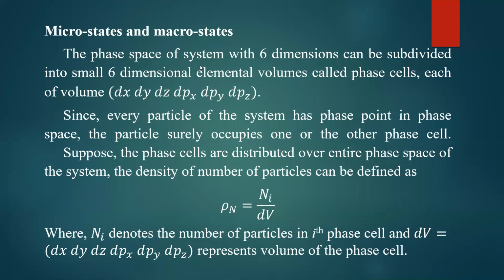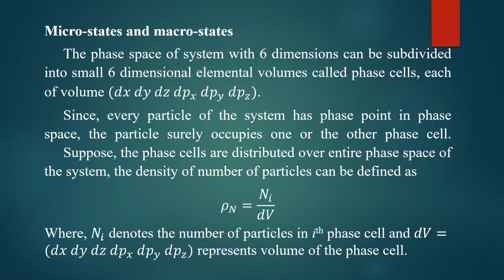So consider the phase space of a system with 6 dimensions that can be subdivided into small 6-dimensional elemental volumes called phase cells, each of volume dx, dy, dz into dpx into dpy into dpz, where dx, dy, dz are small position coordinates, and dpx, dpy and dpz are momentum coordinates.